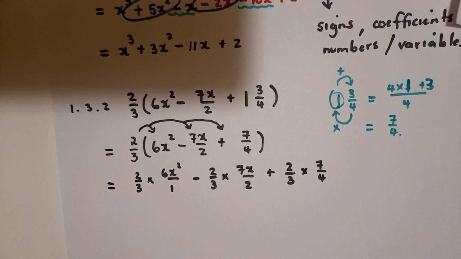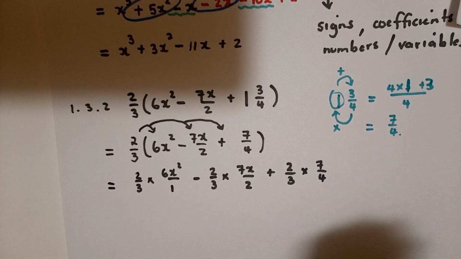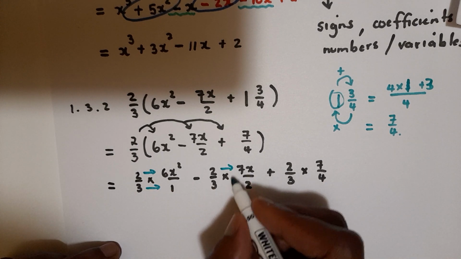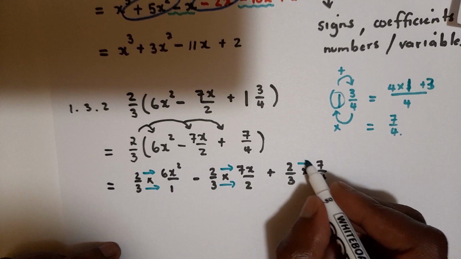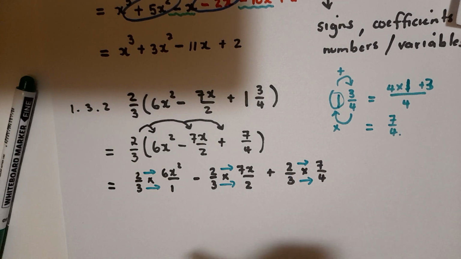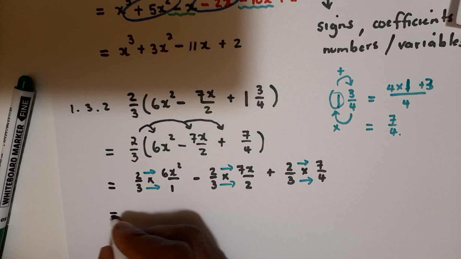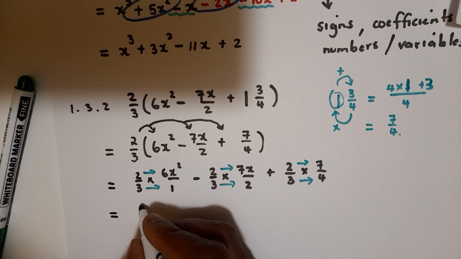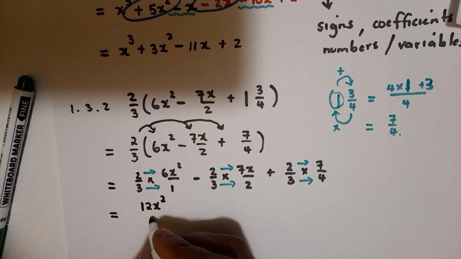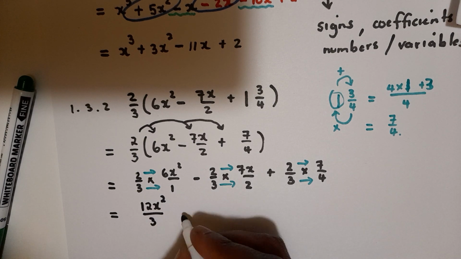Right, ladies and gentlemen, again, multiplication, multiply across numerators, across denominators. Quickly, that should give us 2 times 6x squared, which gives us 12x squared divided by 3.